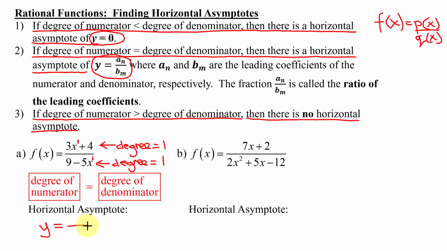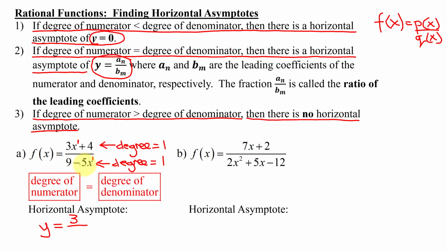Now remember, the leading coefficient is not the coefficient of the first term of the polynomial. It's the coefficient of the term that has the largest exponent. Well, in the numerator, that happens to be our first term. So what is the coefficient of the x term? It's a 3.